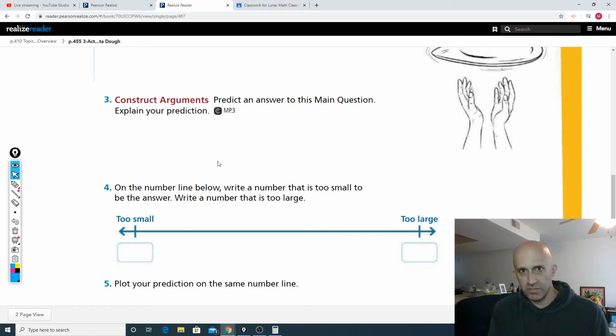Maybe in our 3 groups, group 1 would be people in downtown New York City or downtown San Francisco, where the price would be like this, compared with out in Kansas City, where there's nothing within 30, 40, 50 miles of everything. You can construct your arguments with this and predict an answer to the main question.